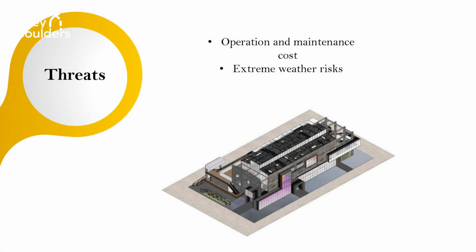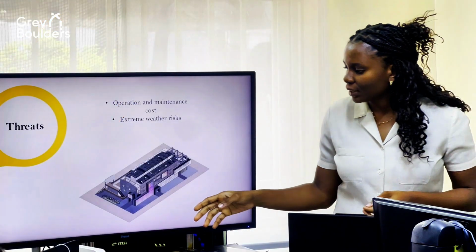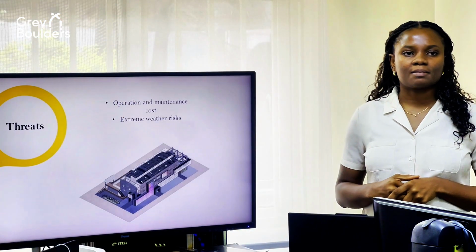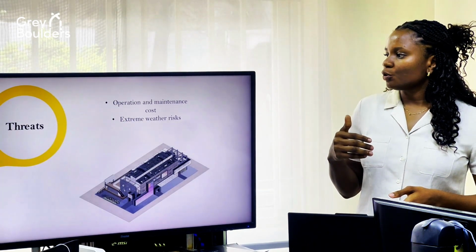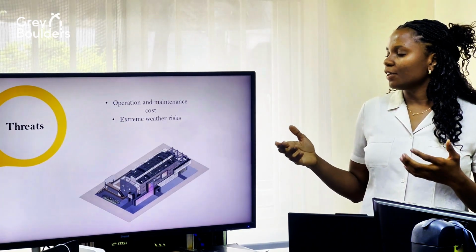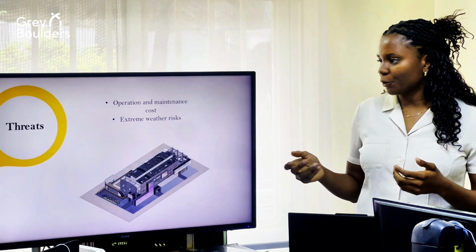Threats. Operation and maintenance costs. They constantly have to maintain the structural condition of the old building, but it's so old that you don't know if or when it might fail.